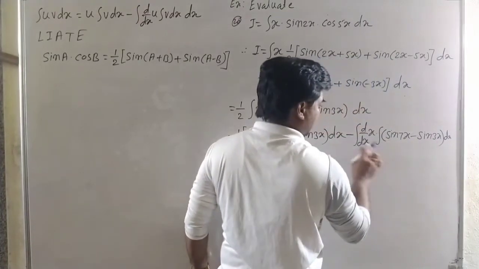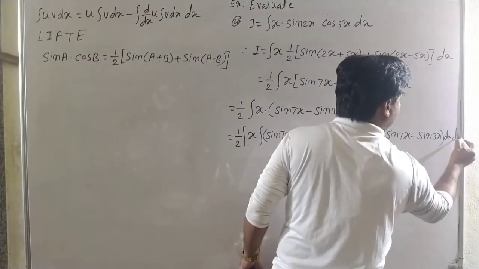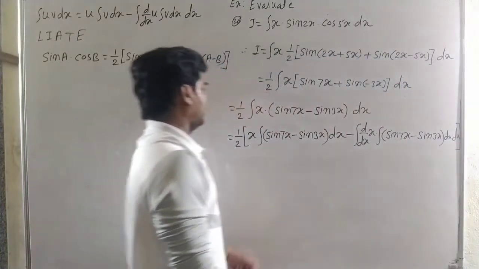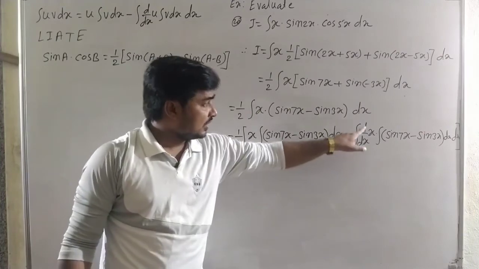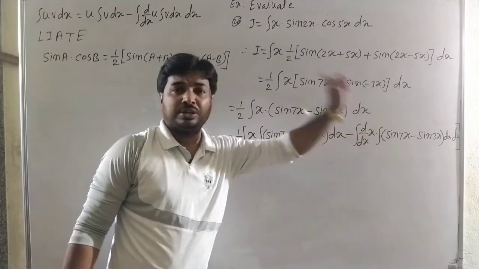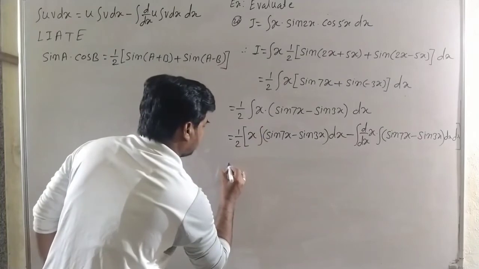Okay, bracket close. u into integral of v minus integral of derivative of u into integral of v. Now we calculate this.